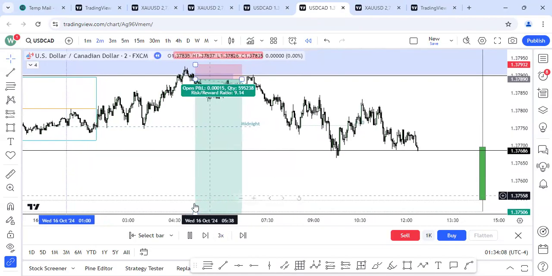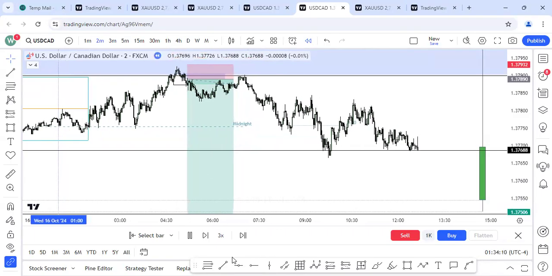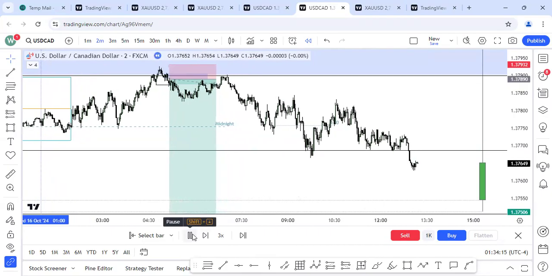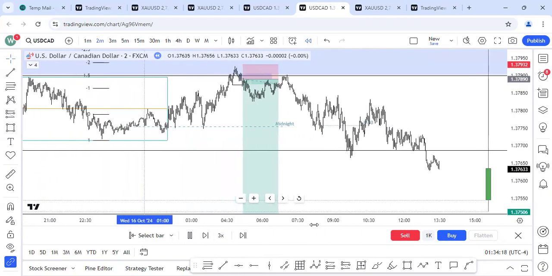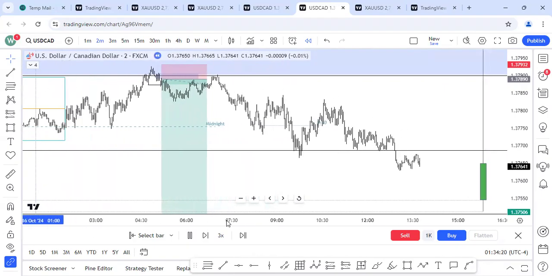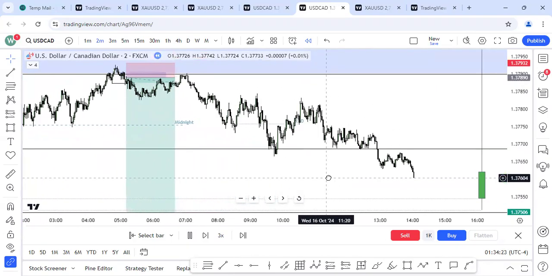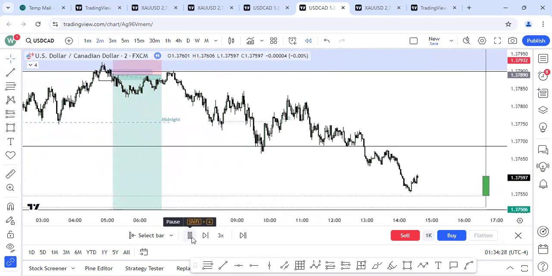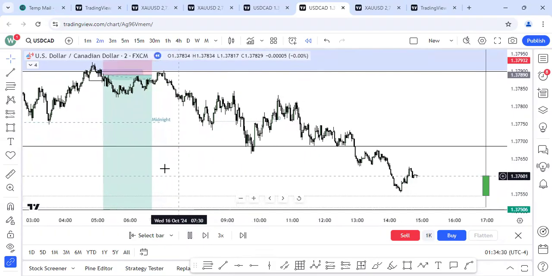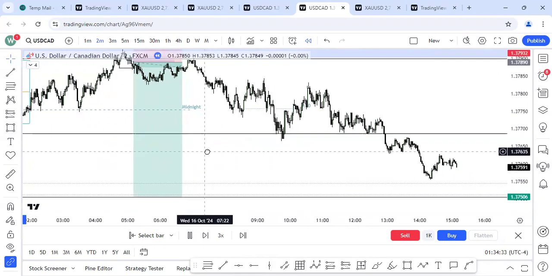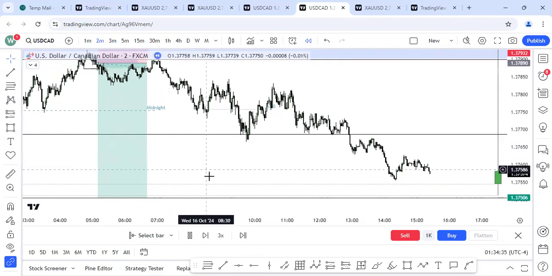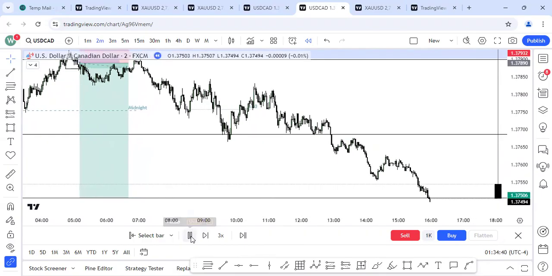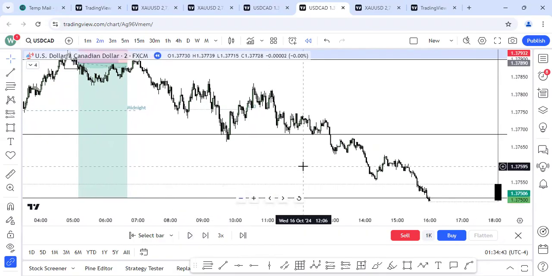Let's go a little bit faster. Boom, TP hit.